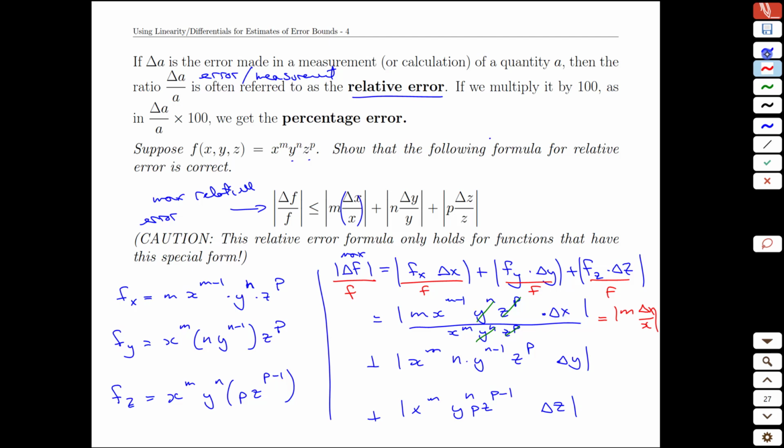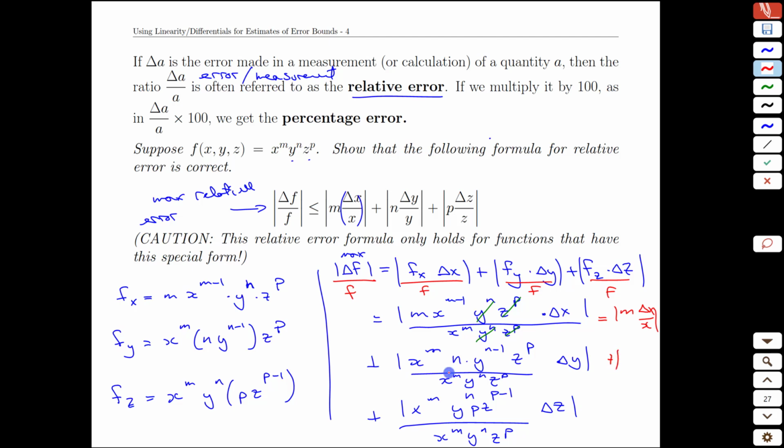And if we look at the same thing happening to all three terms, x to the m, y to the n, z to the p, over x to the m, y to the n, z to the p. Again, this is dividing through by f for all three terms.